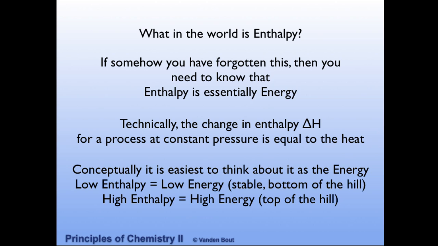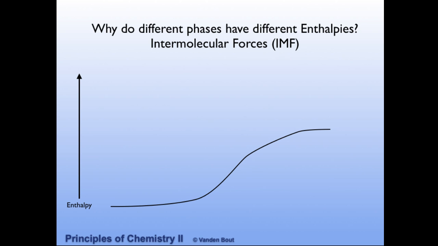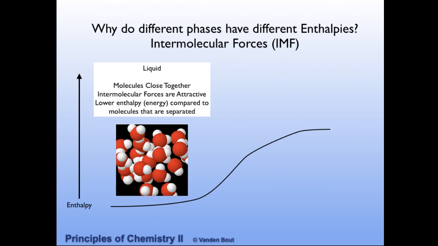So what energy landscape are we talking about when we think about the difference between a liquid and a gas? If we imagine some kind of plot for this change, we have enthalpy, or the energy, as up, lower energy being more stable. And down at the bottom of the hill, we have our liquid.